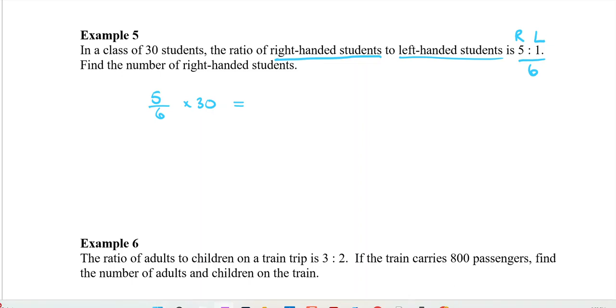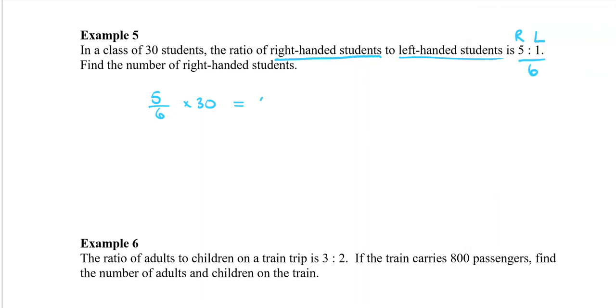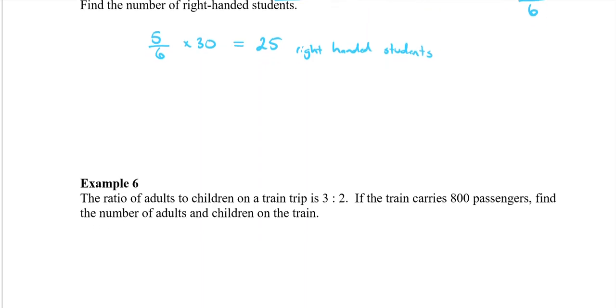So I only have to do the 1 calculation because I didn't need to know the number of left-handers, just the number of right-handers. If you did the extra and worked out the other one as well, that's okay, you've just done extra work. So there is 25 right-handed students out of the 30, so we kind of know the other 5 had to be left-handed.